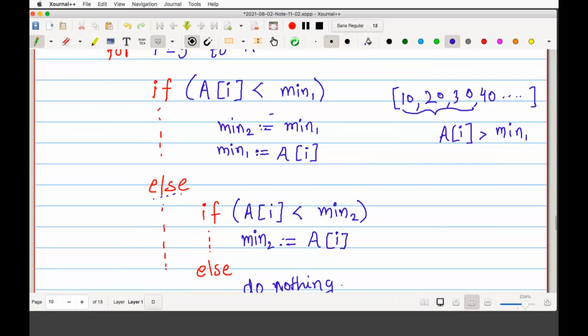In fact, there are more examples where you will see two comparisons in every iteration. Can you think of other examples other than this sorted array? When all elements are equal. Yeah, this equality I could take care of just by making this less than or equal to, right?